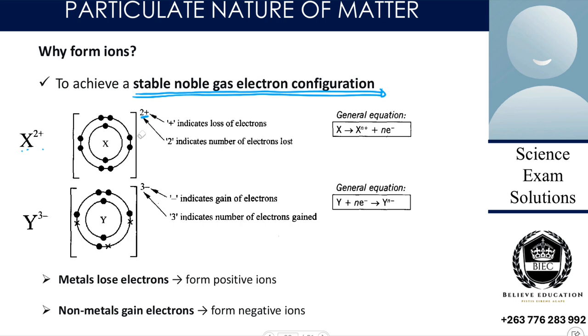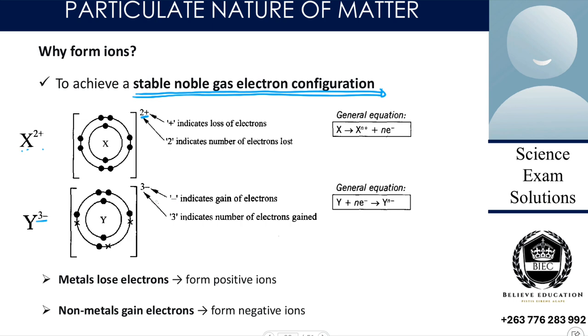And then it became an ion. We put it in brackets and then write 2 plus, which is a charge. Are we together? The same, we also have an ion with 3 minus.